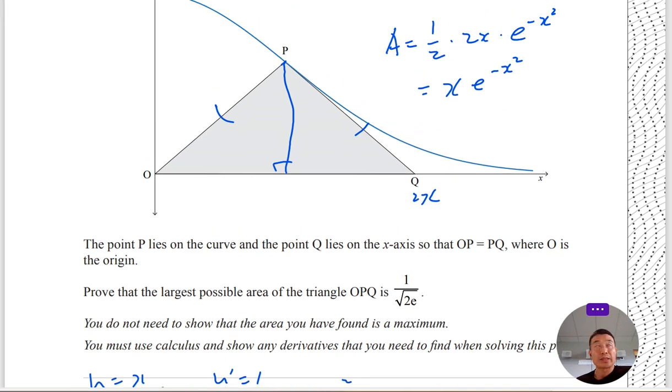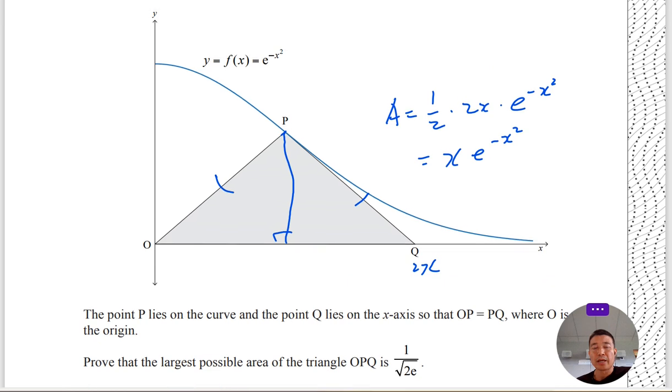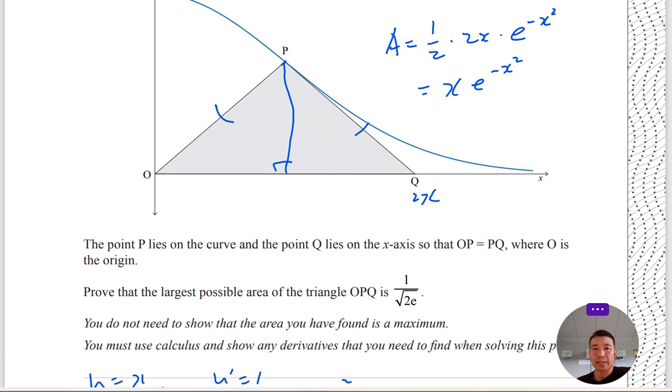I find this type of question easier than any previous exam question. Because it says OP equals PQ, this is an isosceles triangle, isn't it? That means if I say that point here is x, then Q must be 2x, isn't it? Because it's the midpoint, right?